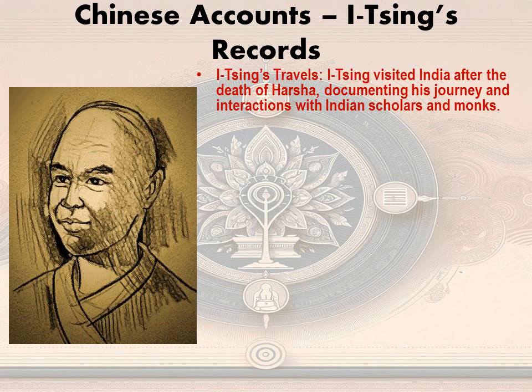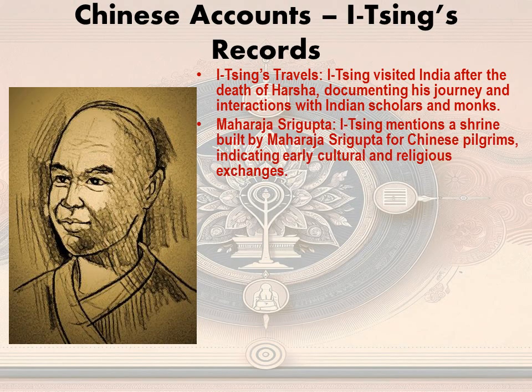I-Tsing travels. I-Tsing visited India after the death of Harsha, documenting his journey and interactions with Indian scholars and monks. So, even though this is much after the Gupta times, we can understand the cultural dynamics of the period. I-Tsing mentions a shrine built by Maharaja Sri Gupta for Chinese pilgrims, indicating early cultural and religious exchanges.